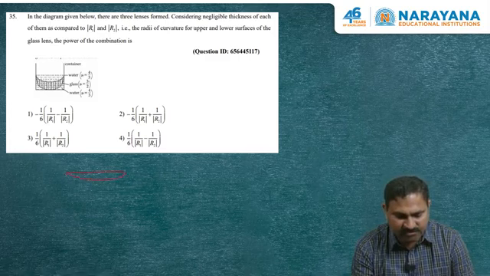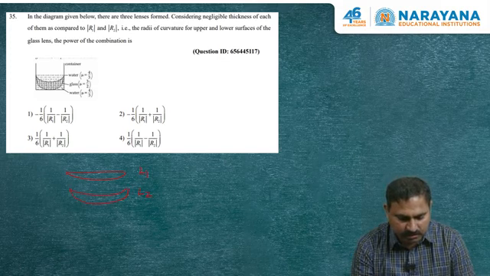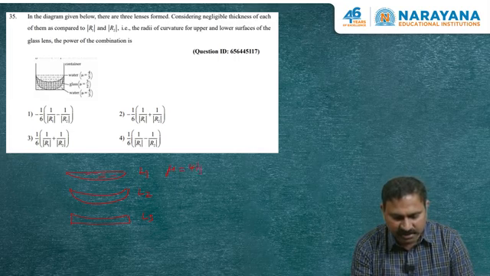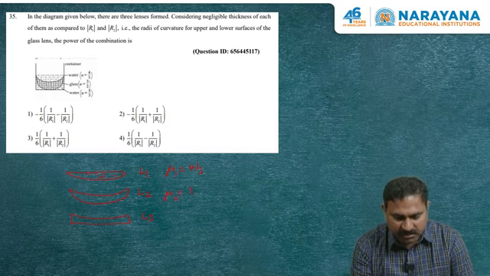This is lens L1, the next lens is given like this, it is lens L2, the next lens is given like this, it is lens L3. It is a liquid lens of refractive index 4 by 3, it is a glass lens of refractive index 3 by 2, it is again a liquid lens of refractive index 4 by 3.